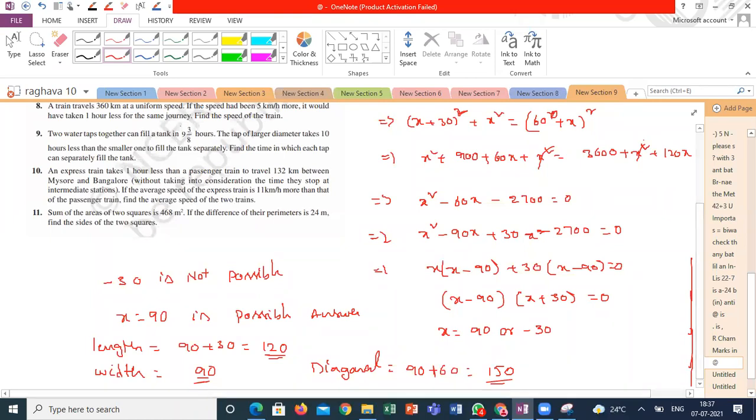Is it clear, guys? Anyone having any doubts? See, framing the equation we already discussed in the last two chapters. That's the reason I'm going a little bit fast. Hope you are understanding.